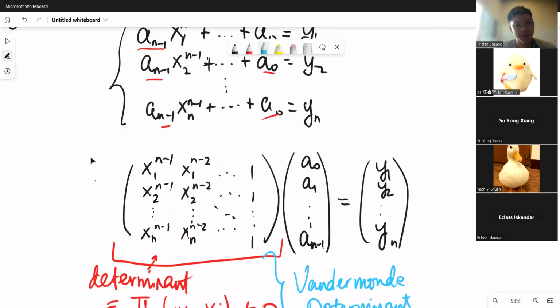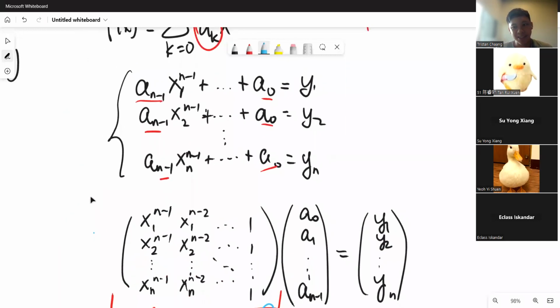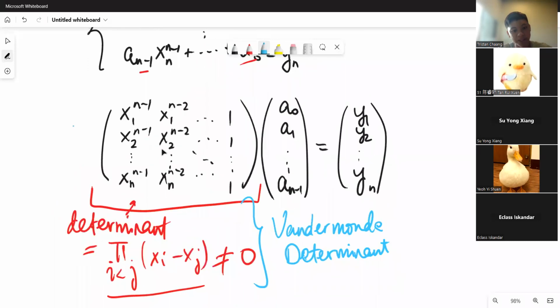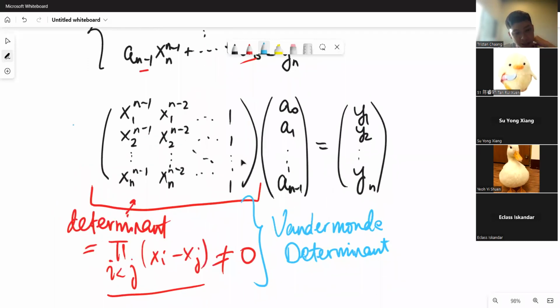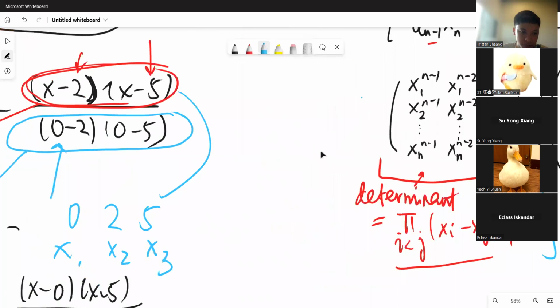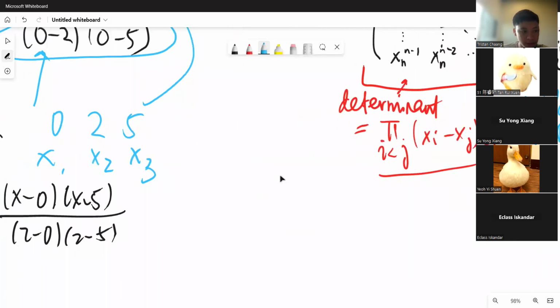We have to be a little more scrupulous, because not all simultaneous systems have a solution, and here we have to prove that this matrix is invertible. Okay, so that's that proof.